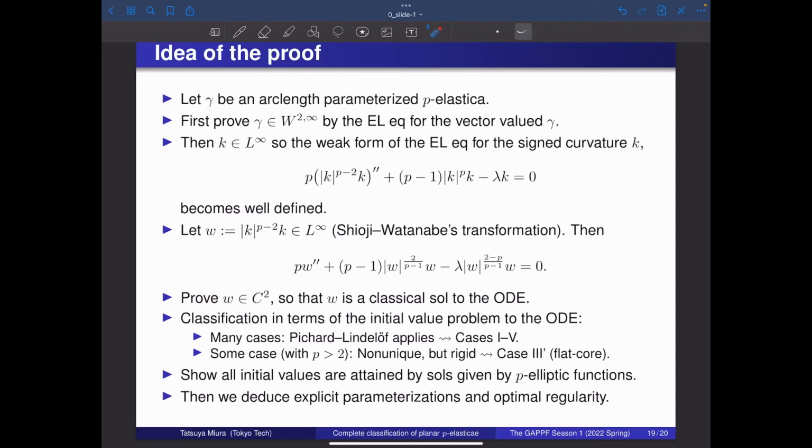And then, in particular, we can see that the curvature is an L infinity scalar function, so that the weak form of the corresponding Euler-Lagrange equation for curvature, given in an integral form, becomes well defined.